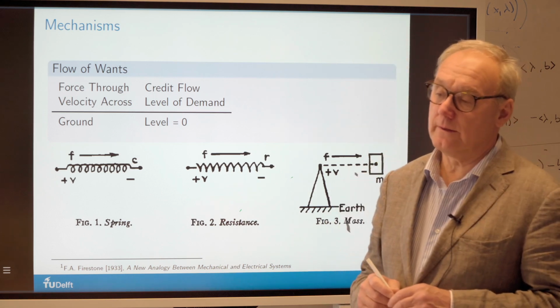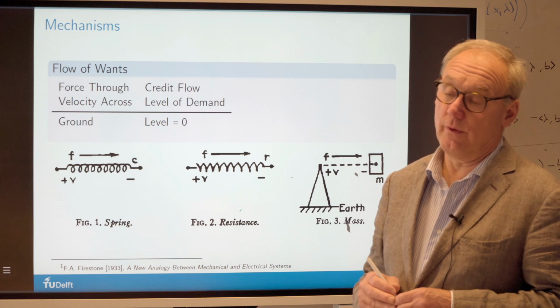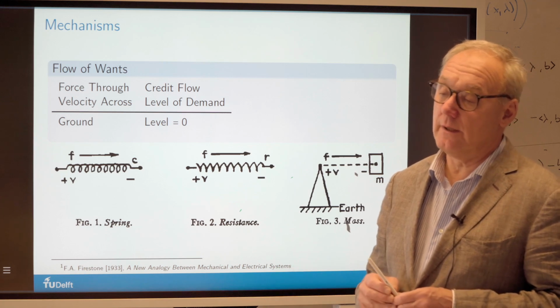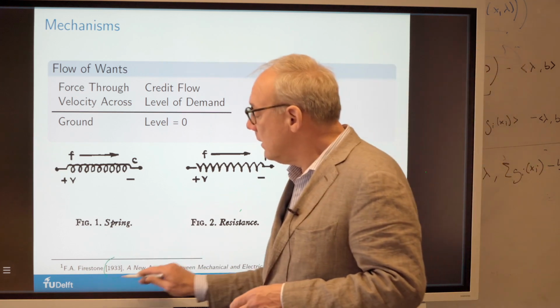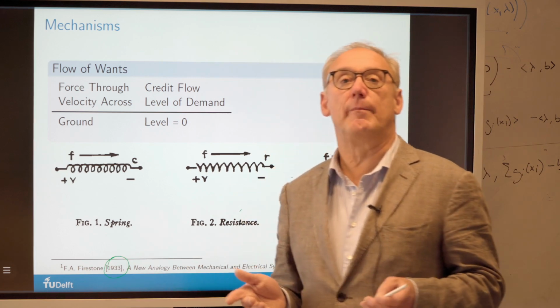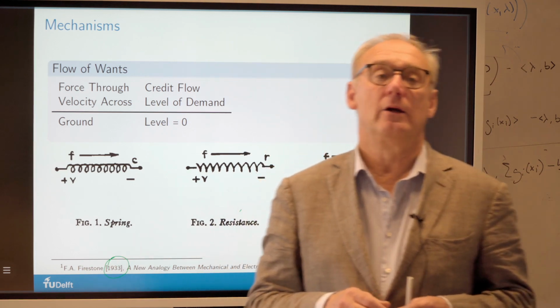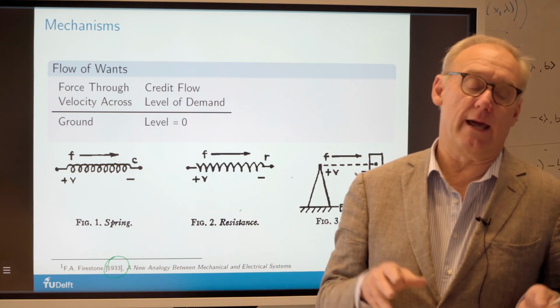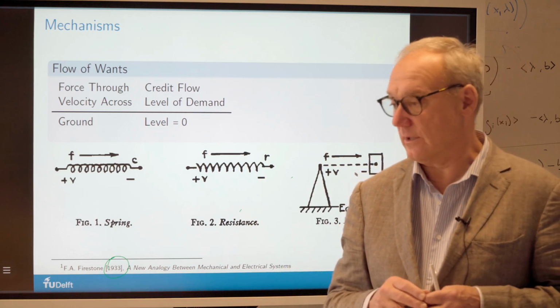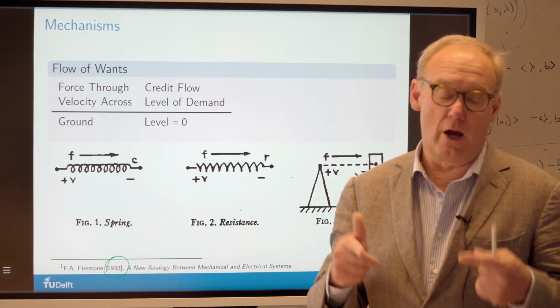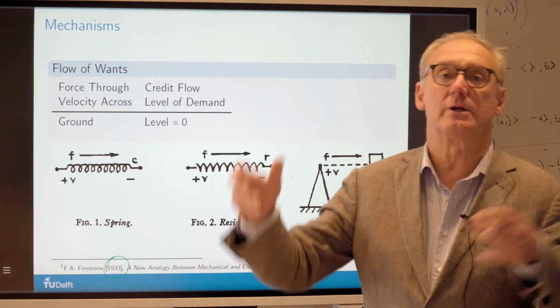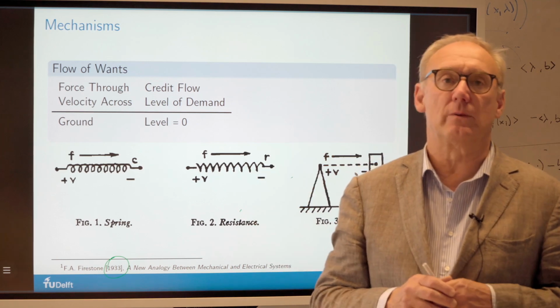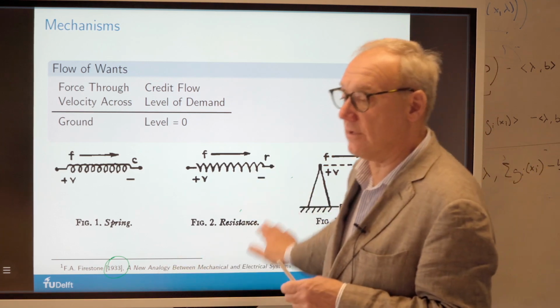1933. It's not new. No, that's precisely why I took it. You'll see the paper is all about the alternative way of doing an analogy between mechanics and electrical engineering. So you know how all the across variables become through variables. The analogy doesn't work very well, so he suggests a different analogy.